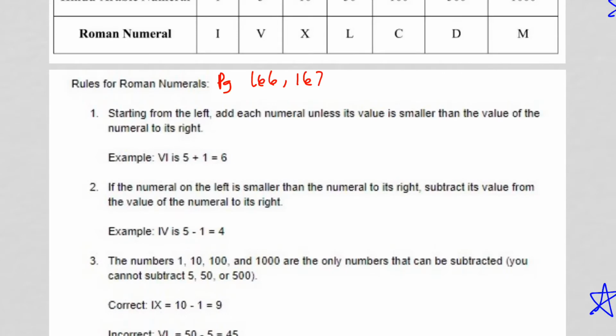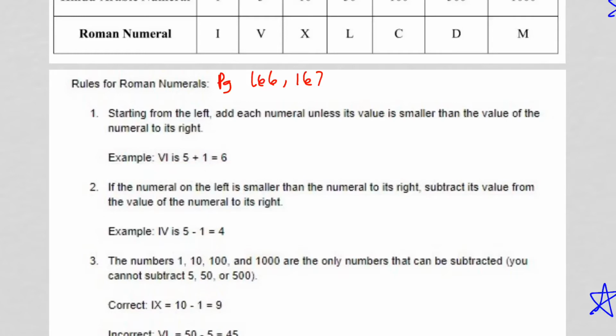So let's take a look at number 1. Starting from the left, add each numeral unless its value is smaller than the value of the numeral to the right. So we're going to be adding, in this case, because we have a V and an I. The I is smaller, it's on the right, so we can do 5 plus 1 is 6.